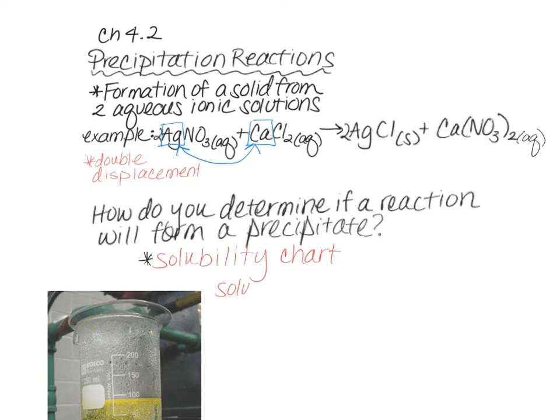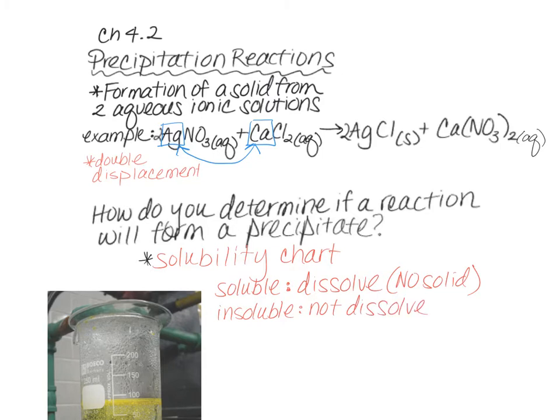So you'll need to know these terms. Soluble just means that it will dissolve, so no solid will be present. And insoluble means it will not dissolve. So this is when a solid will form.